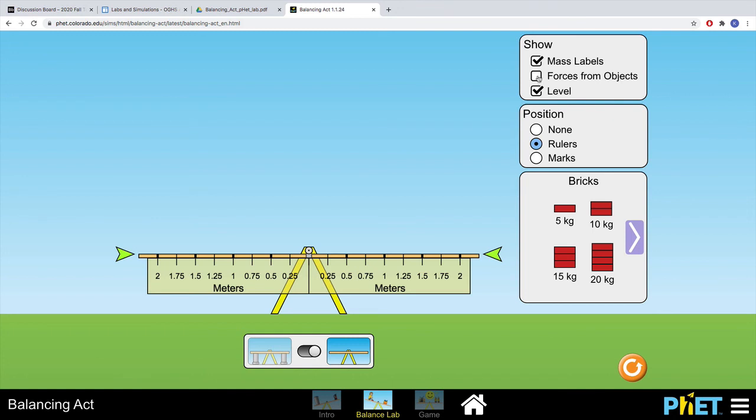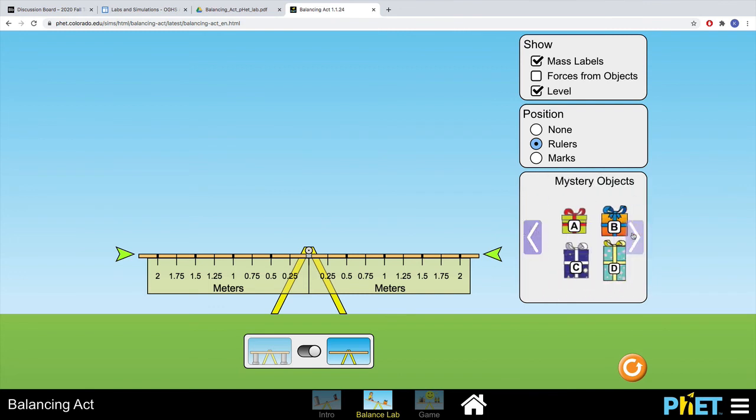You can also show the forces sometimes. It's up to you. Make sure you click here until you see mass A, mass B, mass C. We're not going to go to the other ones.